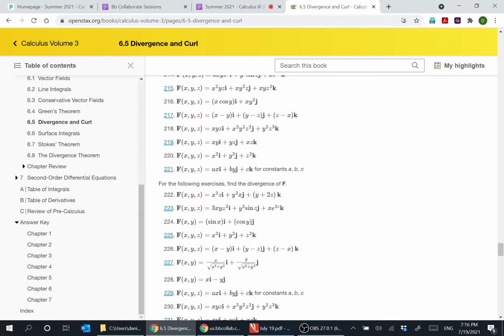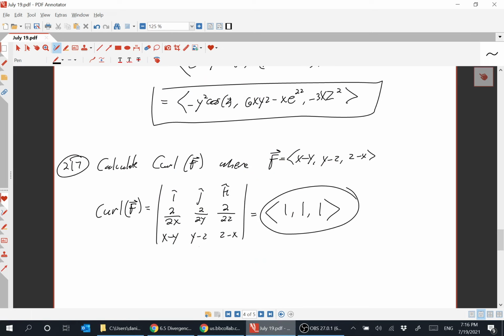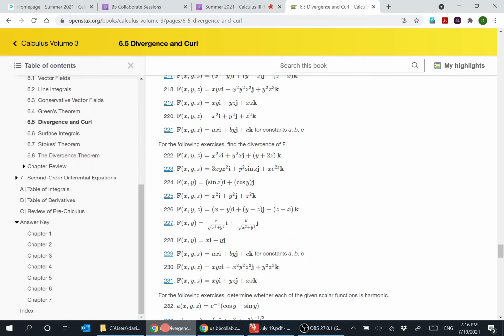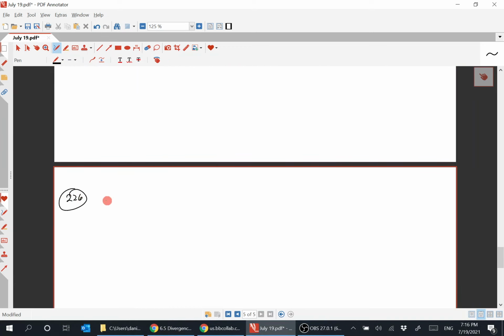226, anything interesting there? Just find the divergence of this same vector field. So it was the same one, wasn't it? x minus y minus z minus x. So the divergence of f, where f is equal to x minus y minus z minus x.